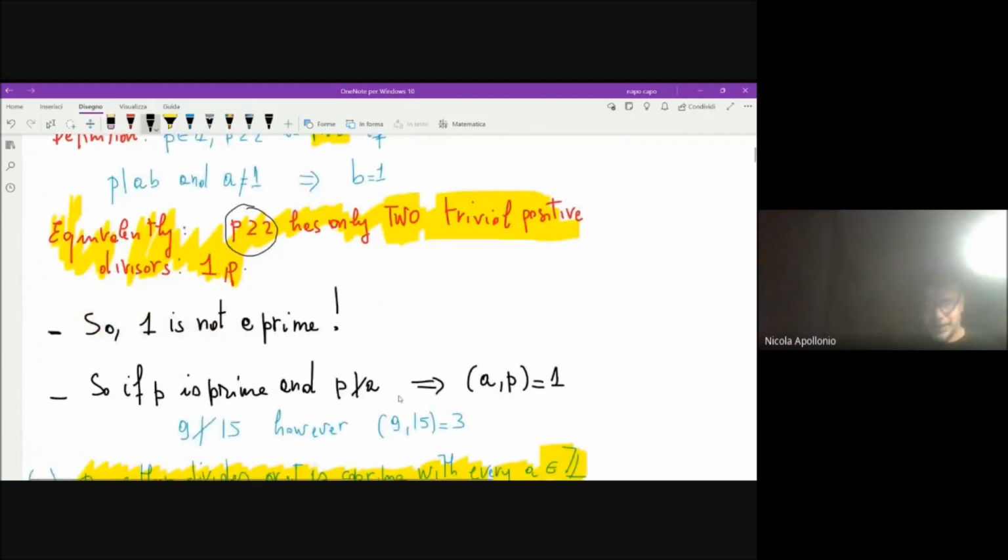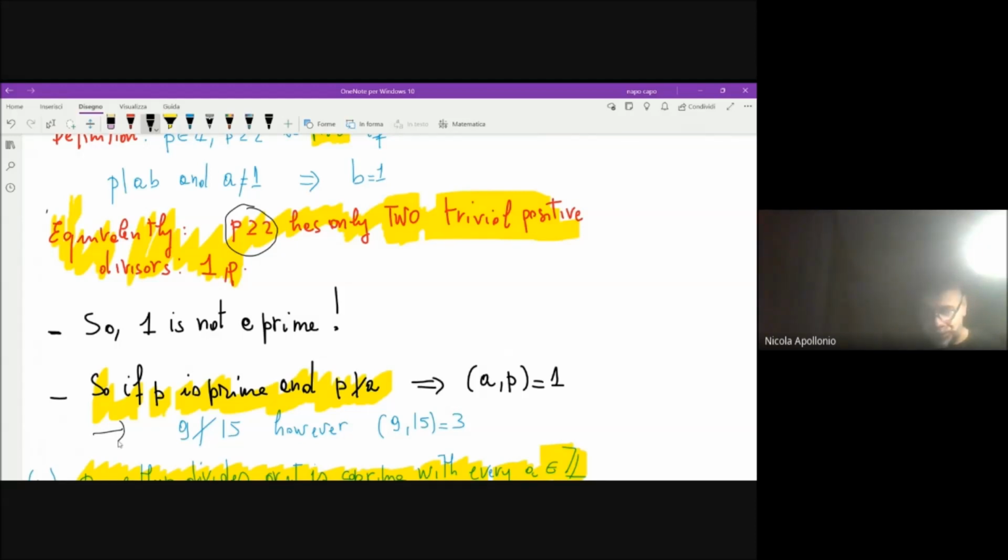But let us look at this fact, which is rather obvious. Look at this trivial example. 9 is not prime. 15 is not prime. 9 does not divide 15. However, 9 and 15 are not coprime. The greatest common divisor of 9 and 15 is 3. This cannot happen with prime numbers.